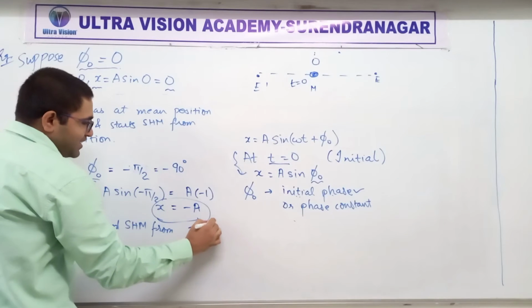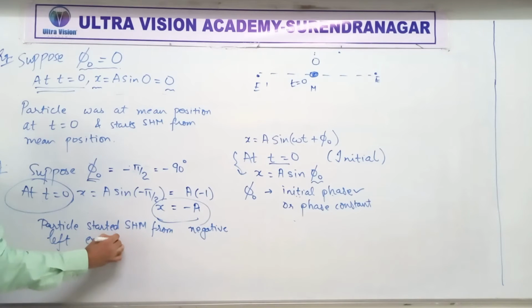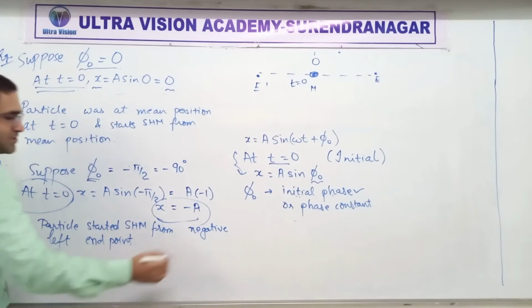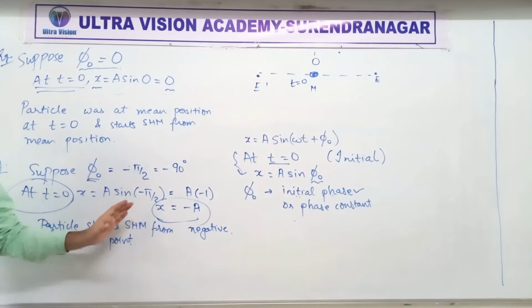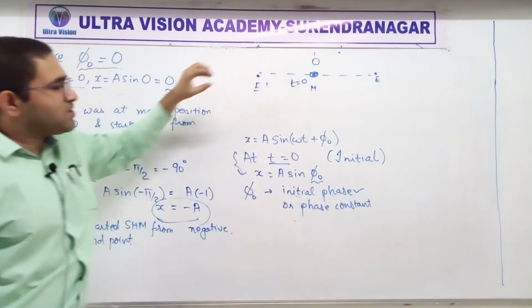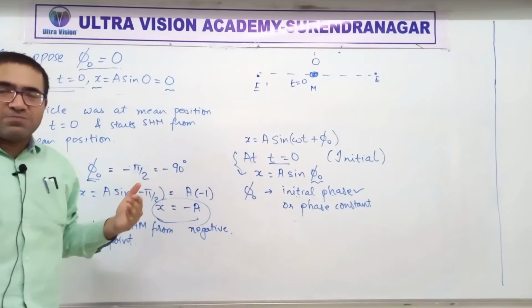From the negative or the left end point. Did you understand this sentence? Okay, so basically the particle started SHM from here. So both these examples hopefully make you realize what the role of this phi 0 is. I am not giving more examples.